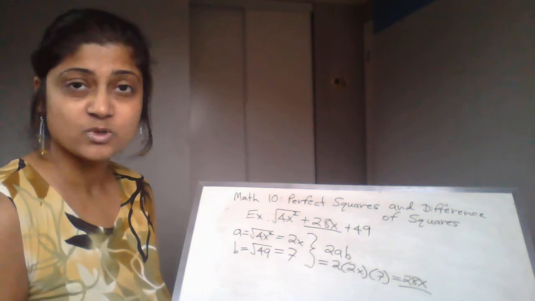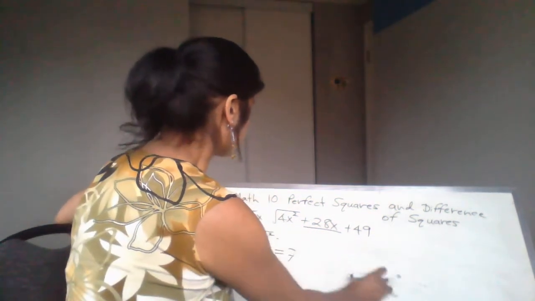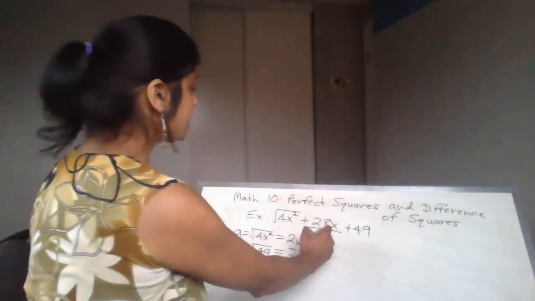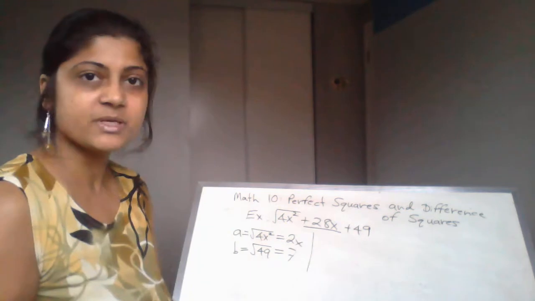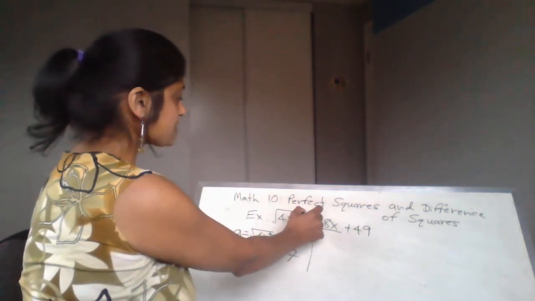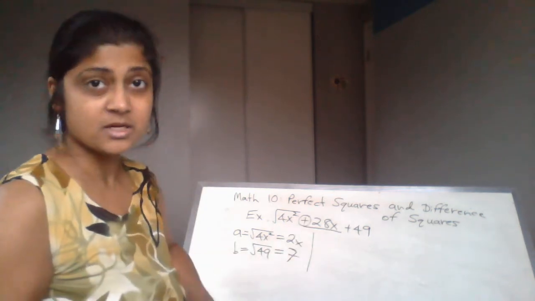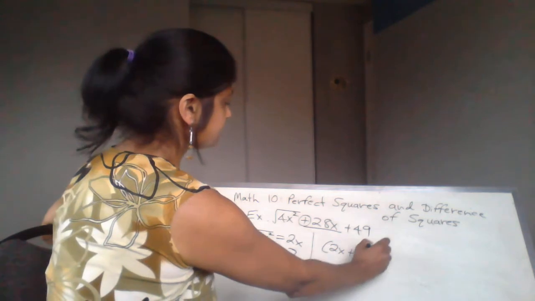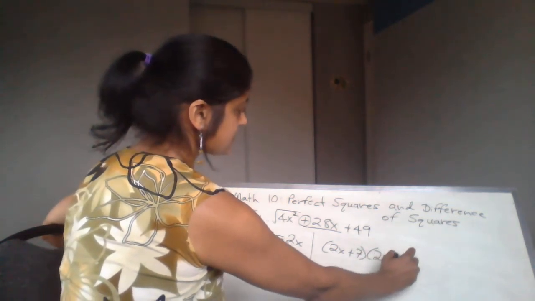Most of the questions will tell you to factor it after that. So say I am factoring this. The factors would be basically just 2x and the 7. Because the first sign is positive, it's going to be 2x plus 7 and 2x plus 7.